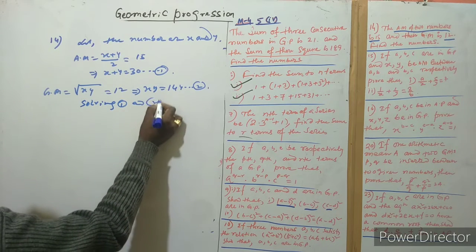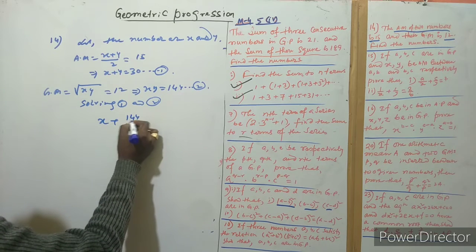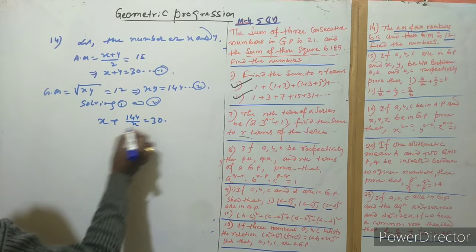So what do we get here? X plus 144 by X is equal to 30.